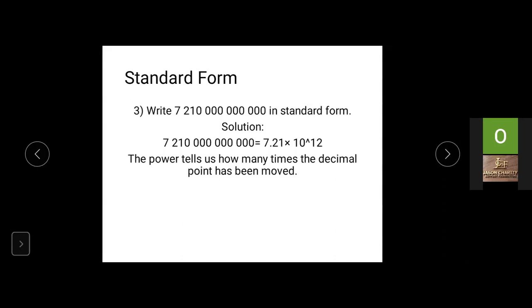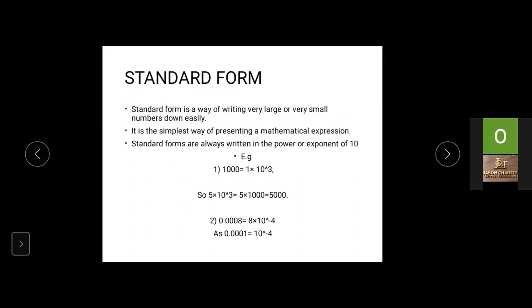For instance, looking at 1,000, we write it as 1 times 10 raised to the power of 3. That means a decimal point came into 1,000 after 1, because we wrote 1 times. After 1, all other numbers were cut off. So what happened to other numbers?